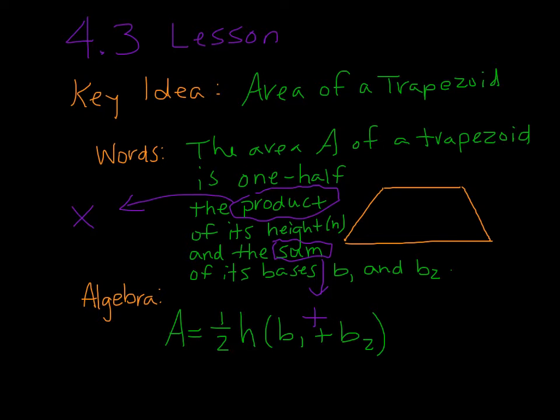So I'm just going to reread that again so that you can see where I came from here. The area A of a trapezoid is 1/2 the product of its height and the sum of its bases, b1 plus b2. So let's look at how it would look on my actual trapezoid over here.